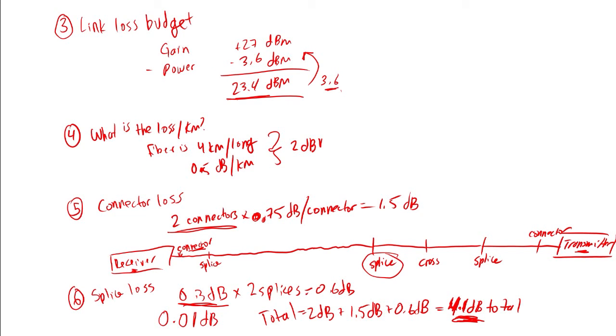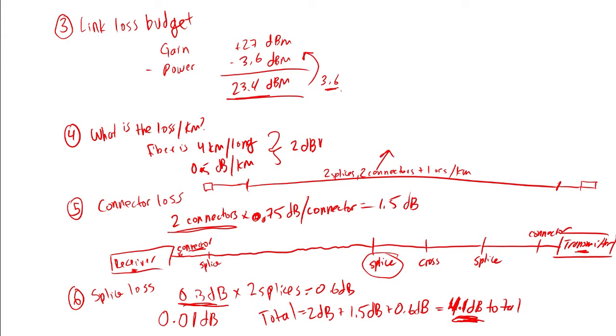Typically when I run my fibers, if it's a short distance, we just splice what we call a pigtail on the end. So we've got 2 splices and 2 connectors plus loss per kilometer.